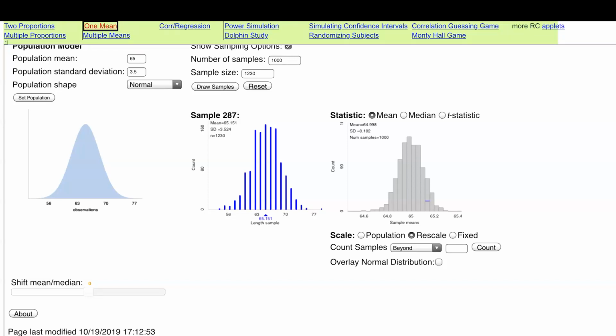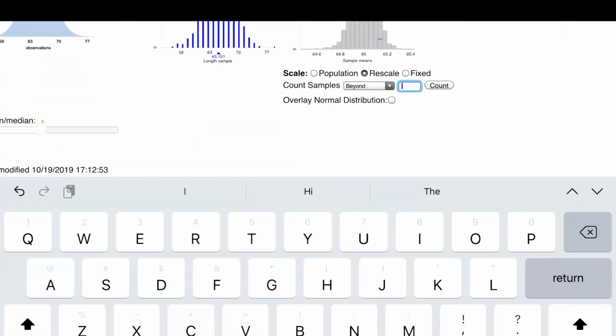It's now only 0.102. Before it was 0.325. So increasing the sample size has decreased the variability, not of the sample, that's still 3.5, not of the population, that's still 3.5, but of the null distribution, which has gone down from 0.325 to 0.102.